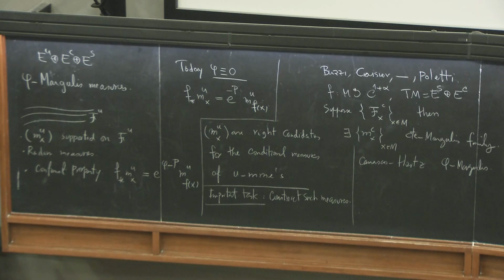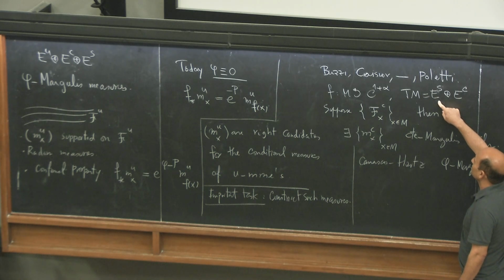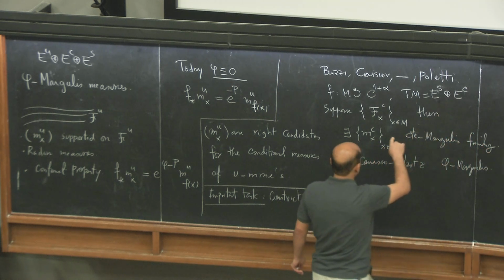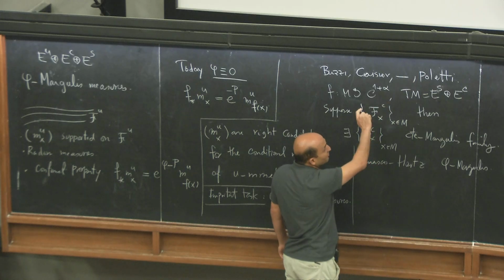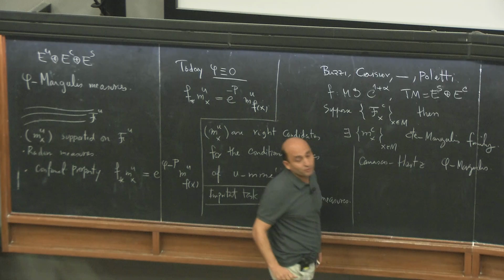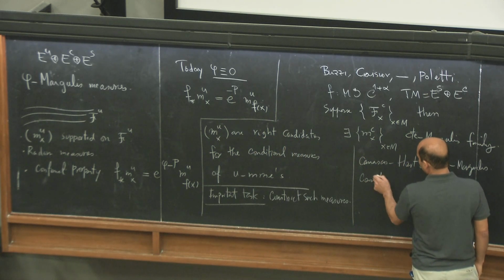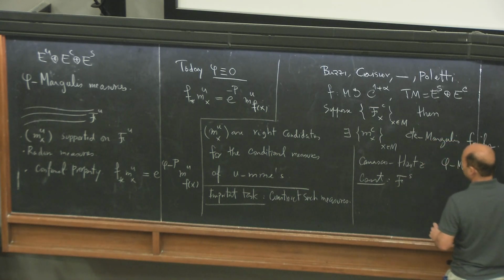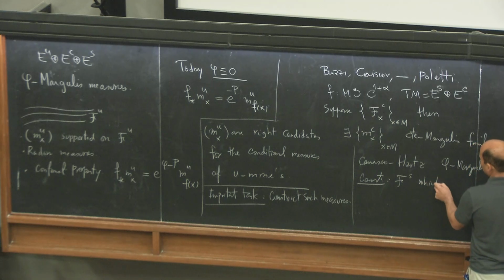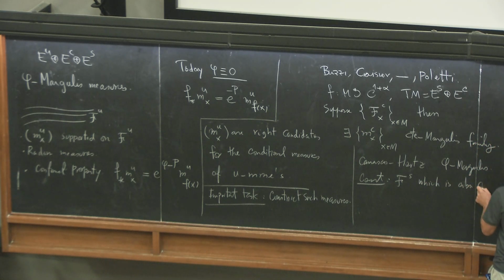In fact, you don't even need differential structures for this; you need just some topological contraction. But something important here is that you really need C1 plus alpha, because you know that the stable foliation is absolutely continuous. So one important comment is that you have Fs, which is absolutely continuous.